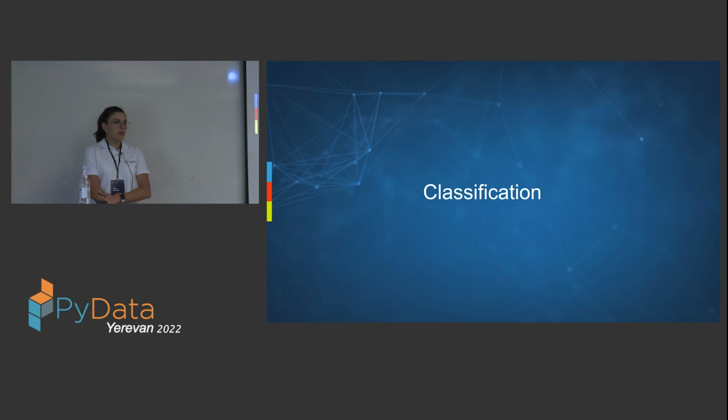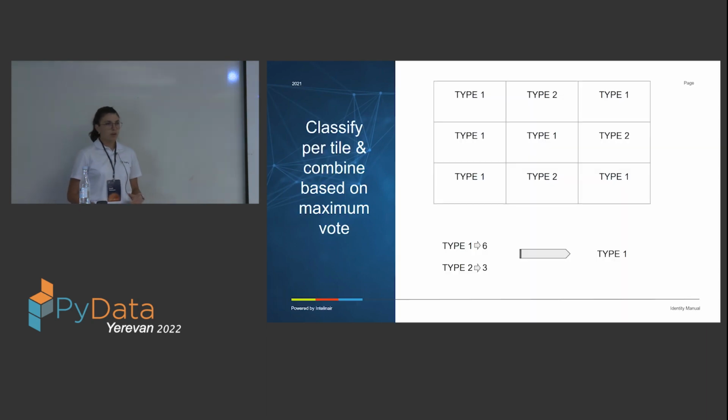First off, let's speak about classification, which is probably the simplest one of these three. Let's say we want to classify an image to be either type 1 or type 2. Instead of doing it on the whole thing, we do it on the smaller scale and then use simple voting.